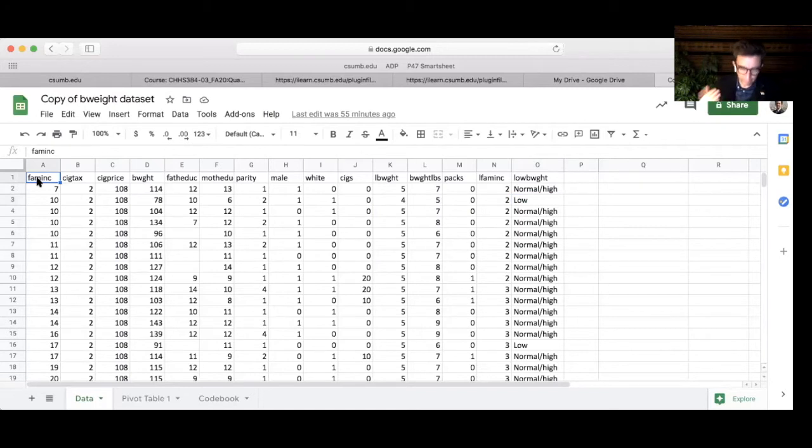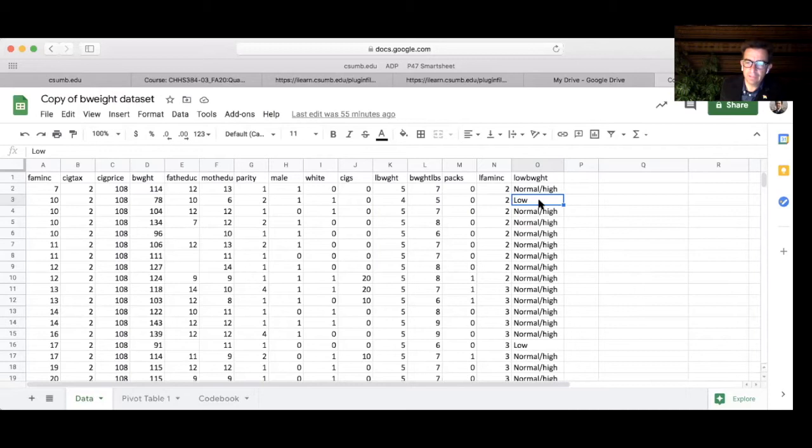Let's say we're going to look at whether family income is related to a baby's weight, right?